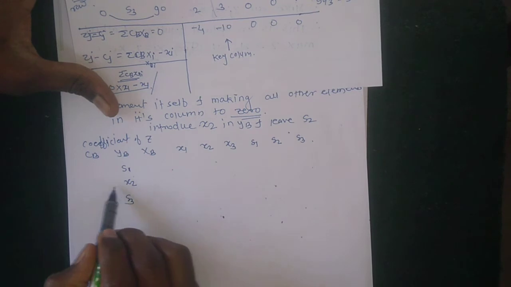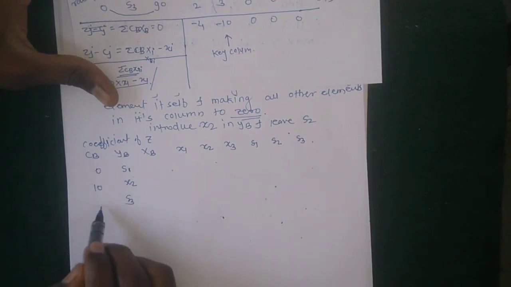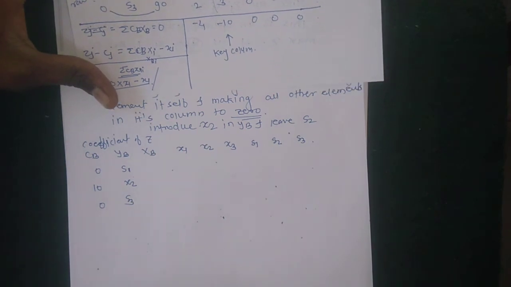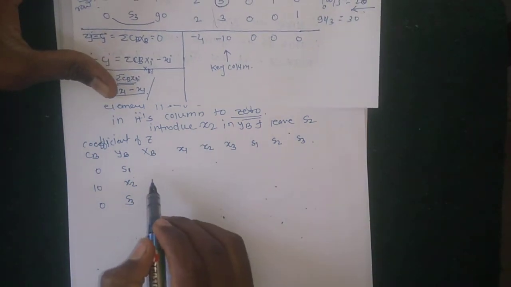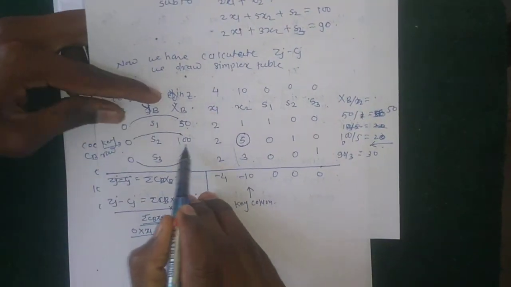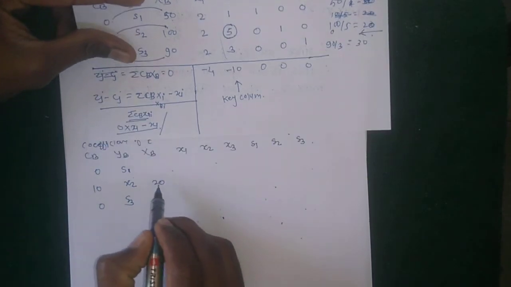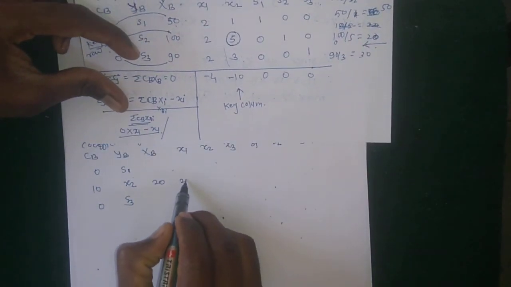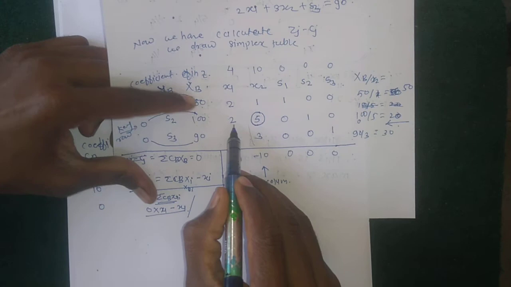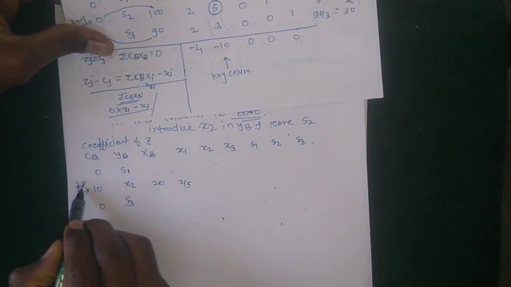The coefficient of X2 is 10, and the coefficients of S1 and S3 are 0. Firstly dividing this column by 5, we get 20, then 2 by 5. So the operation is 1 by 5 R2.